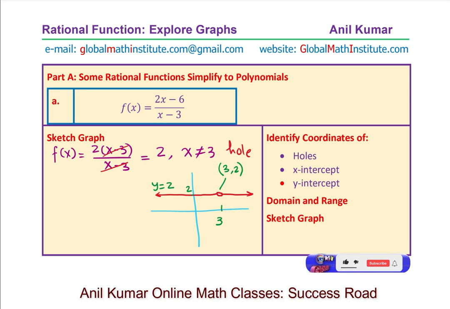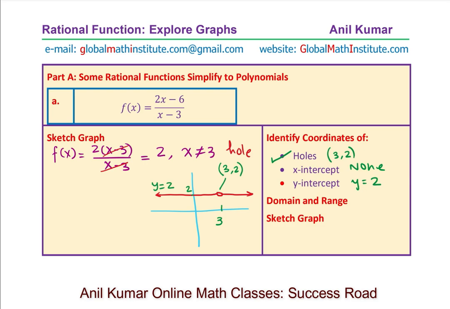It is a constant. Constant is also a polynomial. Perfect. So we see that in this particular case we have a hole, and the location of the hole is (3, 2). Now this graph does not have any x-intercept, right? So none. It has a y-intercept which is at y equals 2.